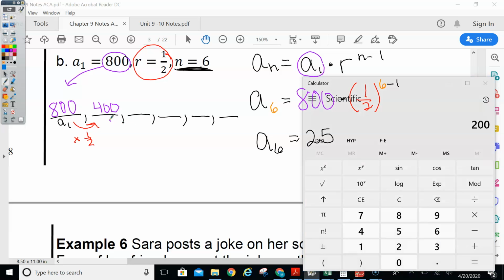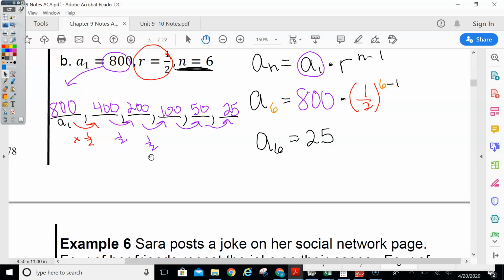So when I multiply this one by 1/2, I get 200. Take half of that again, which is 100. Take half of that, which is 50. And half of 50 is 25. So this is the sixth term in the sequence, and that's what it's asking for over here.